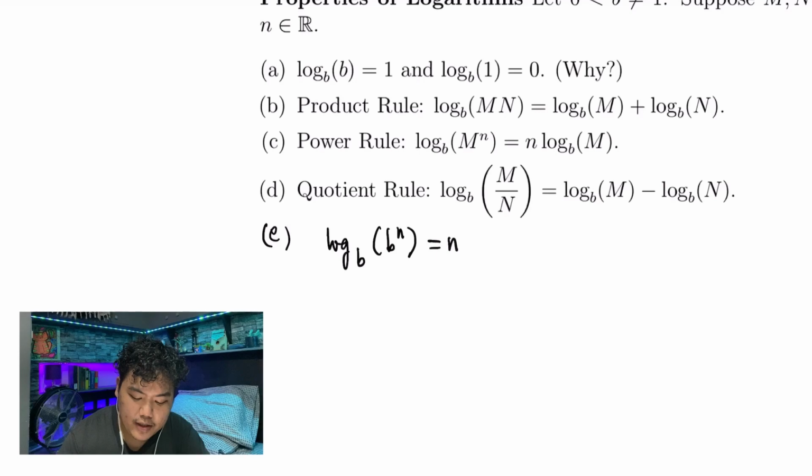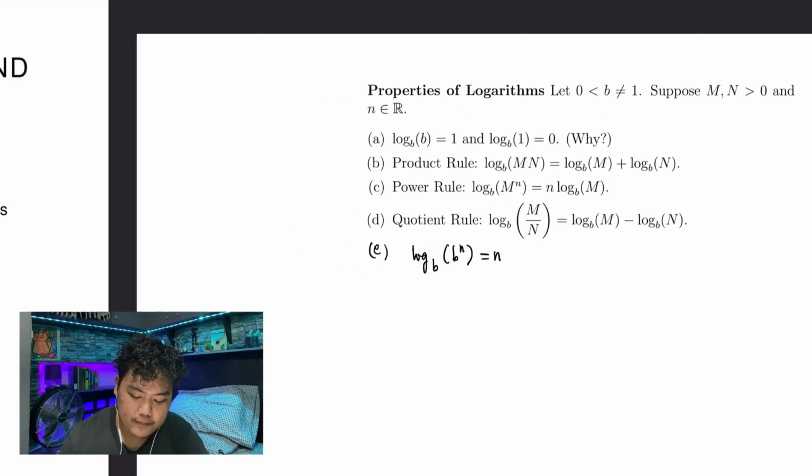So the moral of the story is that when you take log base b of b to the n, the base is the same, so you can disregard it and just copy the exponent.